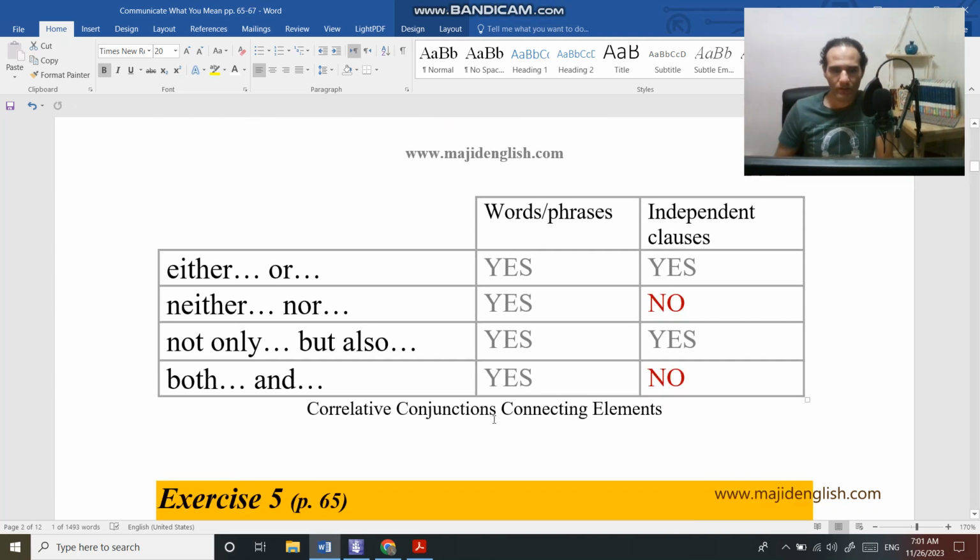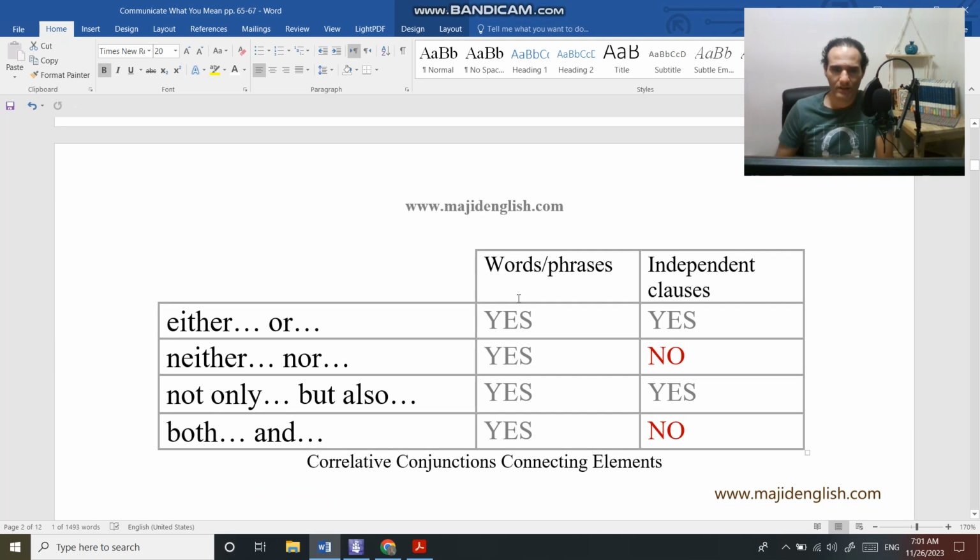And also, can all correlative conjunctions connect two independent clauses together or not? Either or can connect words or phrases, yes, and can connect independent clauses together, yes. Neither nor cannot connect two independent clauses together. We do not have neither nor connecting two independent clauses, only words or phrases.